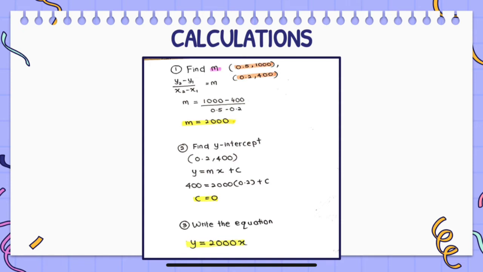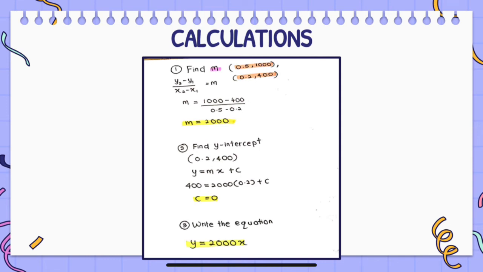The second step is to find the y-intercept. To find the y-intercept, we need to pick one coordinate to insert into the equation y equals mx plus c. In this case, I use the 0.2 and 400 coordinate. Just now, we had calculated the m value, right?